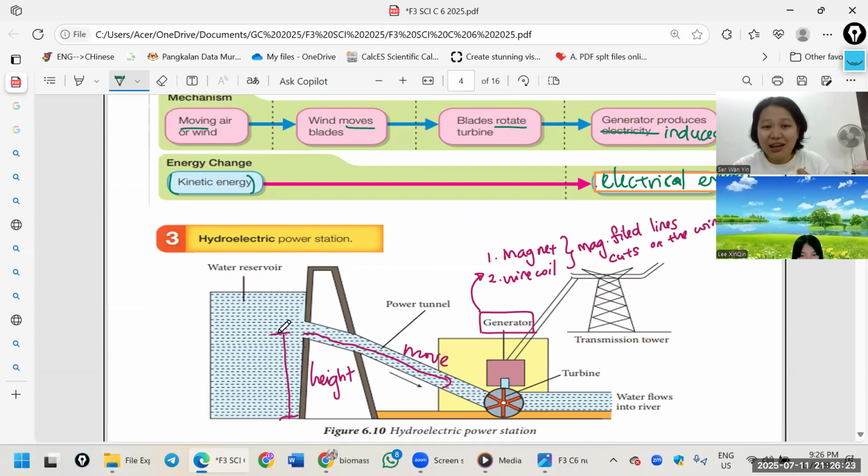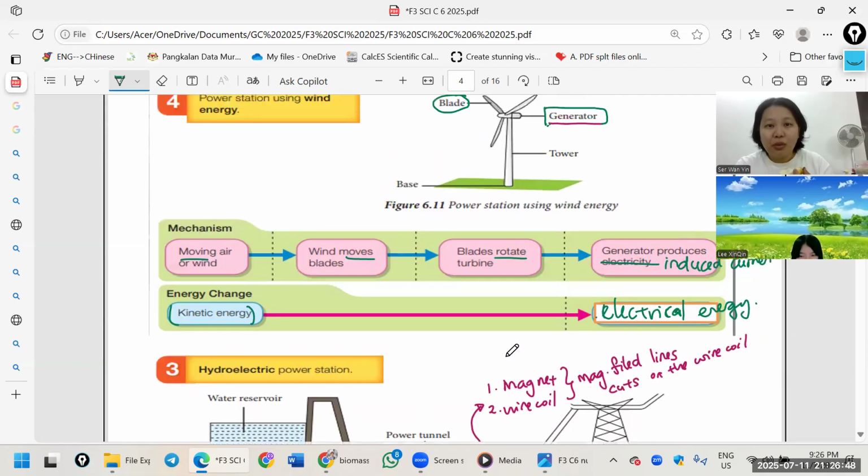What height? It's gravitational potential energy, changed to kinetic energy, and finally electrical energy. Okay.